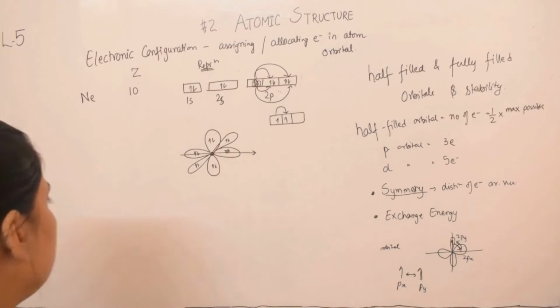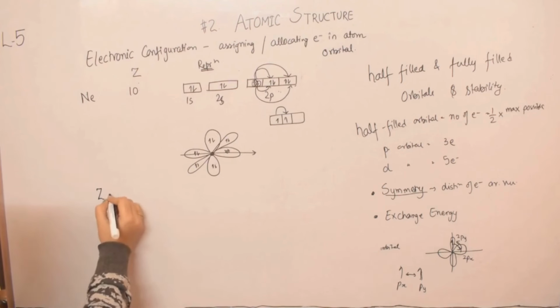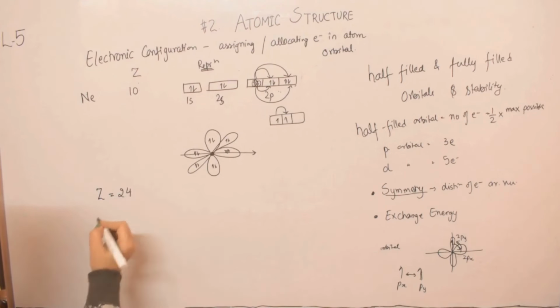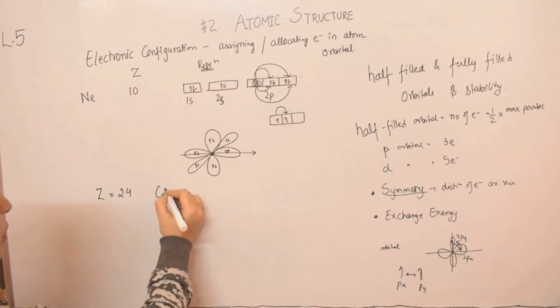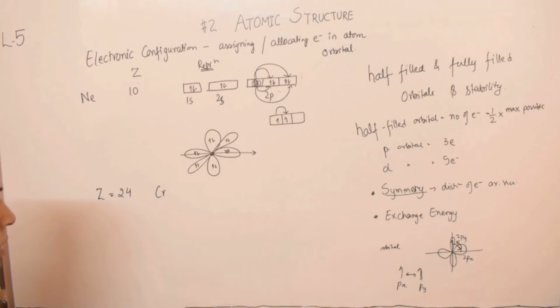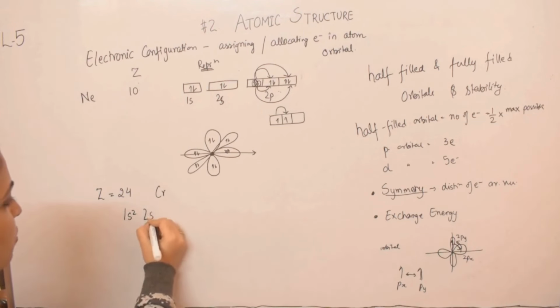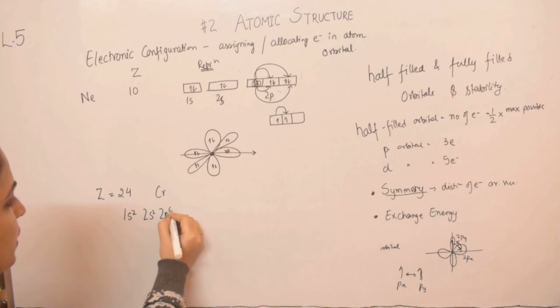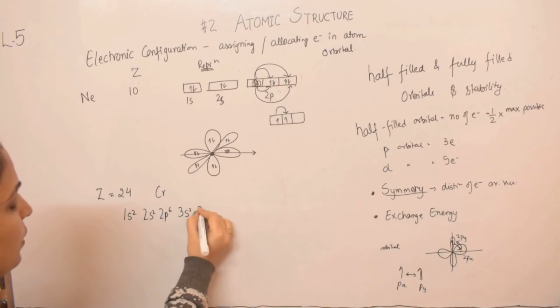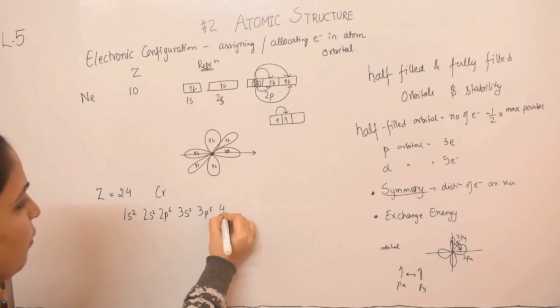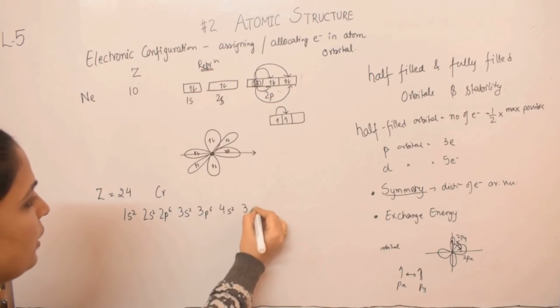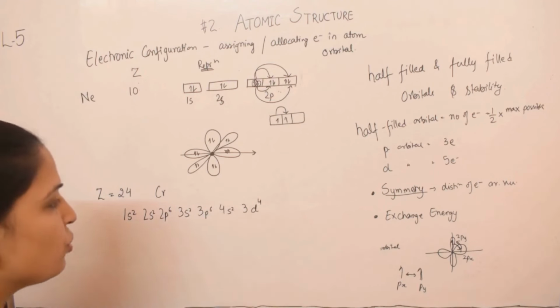For example, taking Z equals 24 atomic number. This is for the element chromium, Cr. So here the electronic configuration will follow all the three rules, and it will be 1s2, 2s2, 2p6, 3s2, 3p6, 4s2, 3d4. This is how it should be.